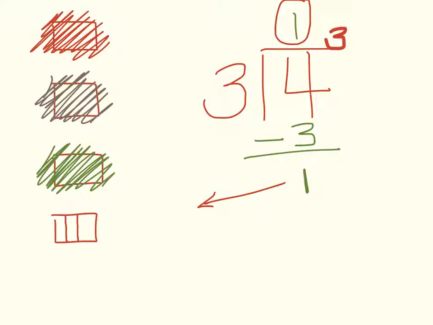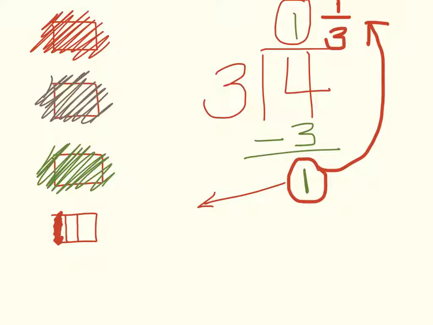And each of my friends is going to get 1 of those 3 pieces. So my first friend gets this piece. My second friend gets this piece. And my third friend gets this piece. Now, that means that I have equally divided it, 4 candy bars equally divided amongst my 3 friends.